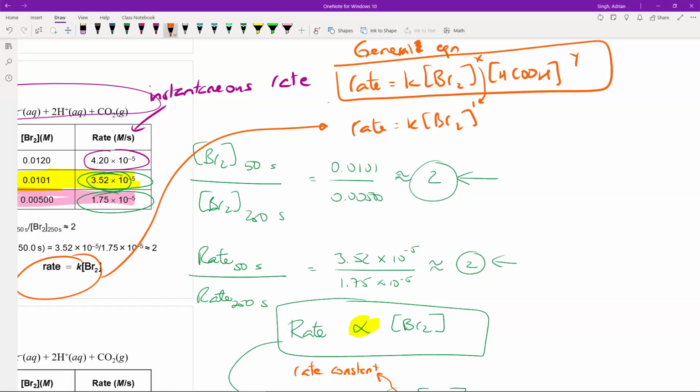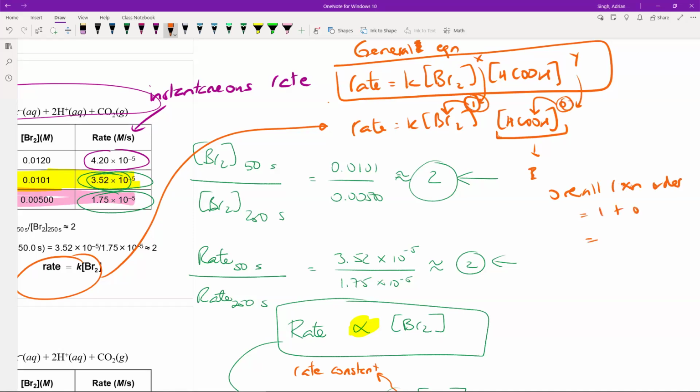So the value for y here, if we don't see it, has to actually be 0, because anything raised to the power of 0 is 1. So you can say that this equation is first order with respect to Br2, zero order with respect to HCOOH, and the overall reaction order is 1 plus 0, the sum of the two.